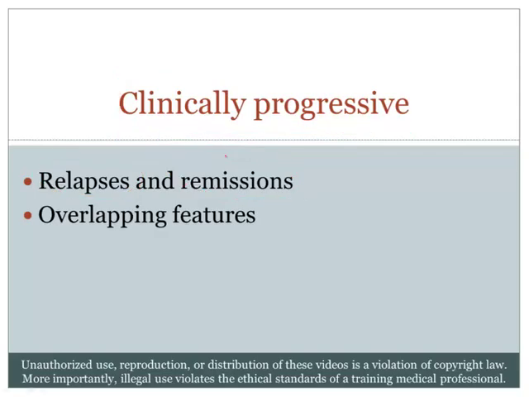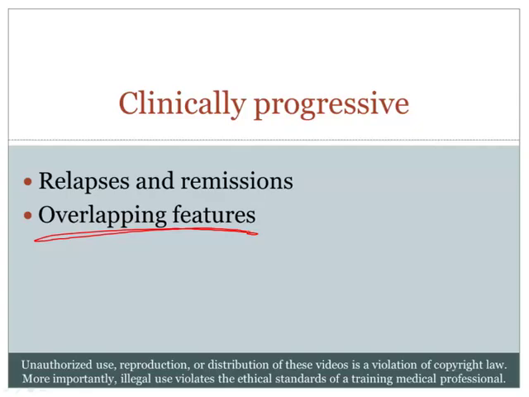And then finally, the last point that I would like to make is that often there's overlapping features between autoimmune disorders. Now we're going to study several autoimmune disorders in a few minutes, and you're going to see that sometimes the features can overlap. And the reason that features can overlap is due to something called epitope spreading. So imagine that the patient has a self-reactive lymphocyte that is reacting against the self-antigen. When those self-reactive lymphocytes get activated and expand, they'll destroy the tissue, and when they destroy the tissue, new antigens that the immune system hasn't normally seen are going to be exposed.